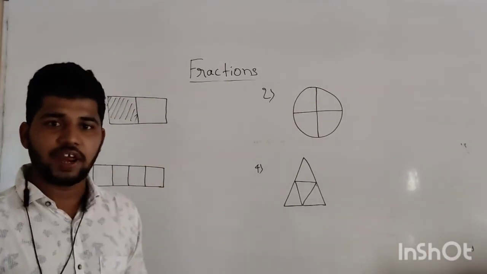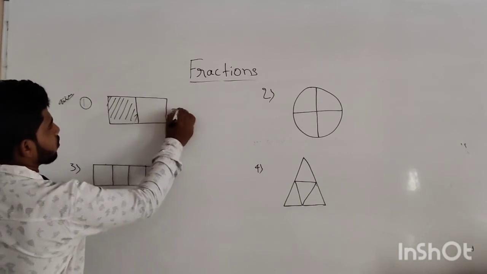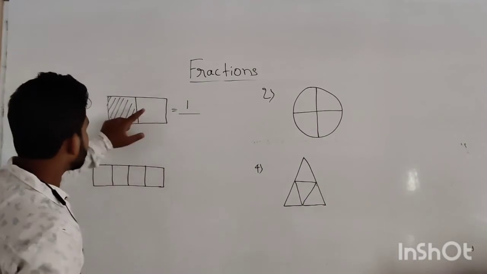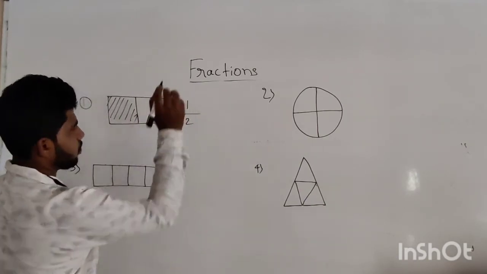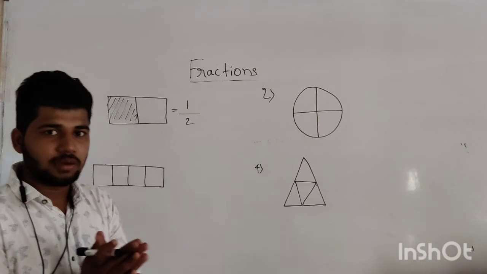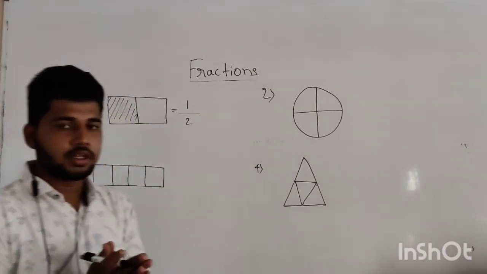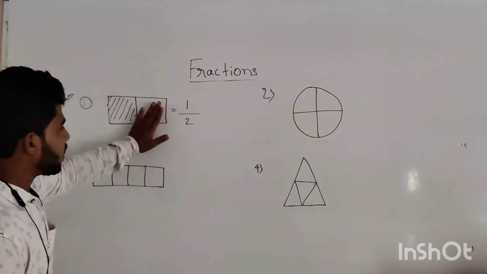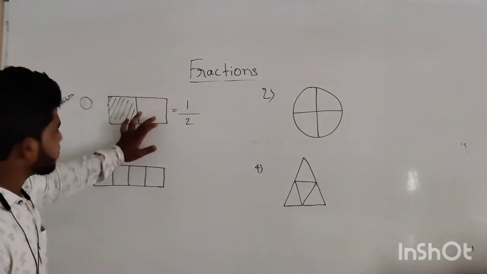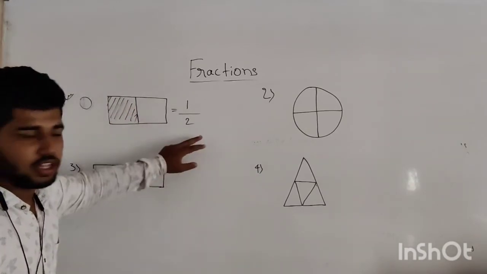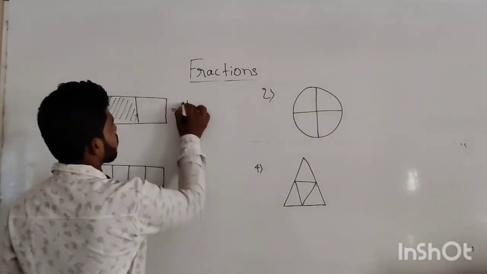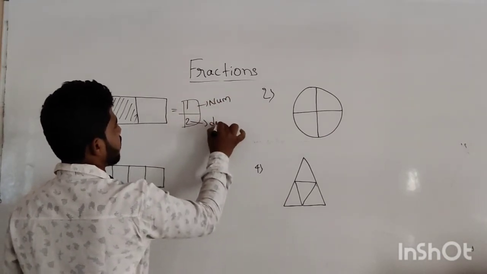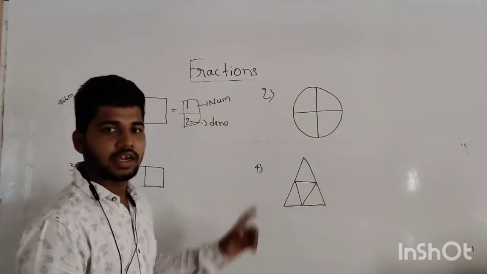Expressing in fractions, the remaining part is 1 and the whole is 2 parts. The remaining part is the numerator, and the total number of parts is the denominator.